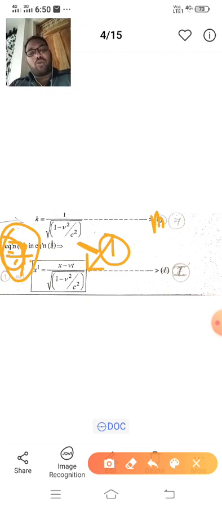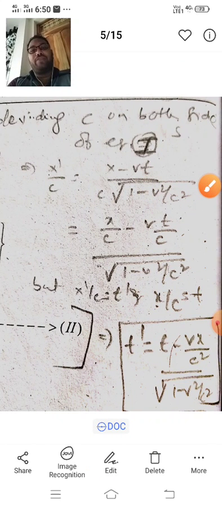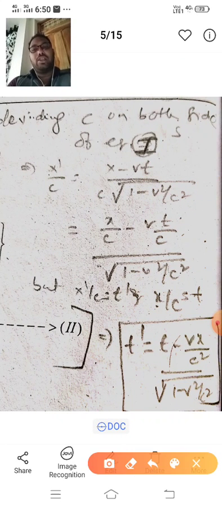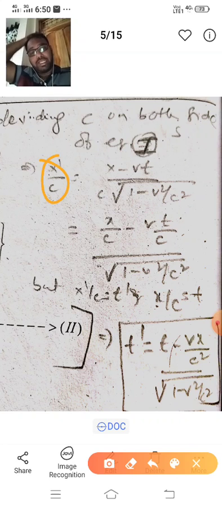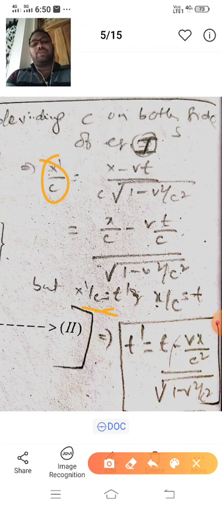Next, dividing with c on both sides of the first equation, we get x dash by c equals x minus vt by c into under root of 1 minus v square by c square. Simplifying these equations, already we know that distance by velocity equals time. In the S dash frame, x dash by c equals t dash, and x by c equals t.